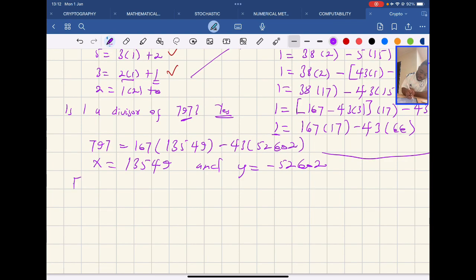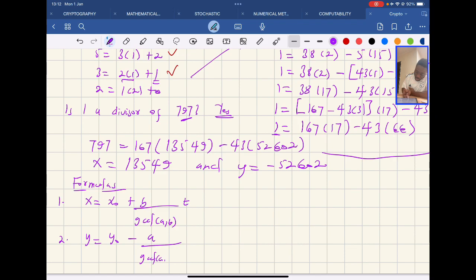So the formulas are: the first one is x is equal to x naught plus b over the GCD of a and b times t, and y is equal to y naught minus a over the GCD of a and b times t.